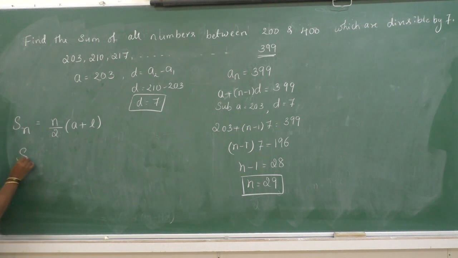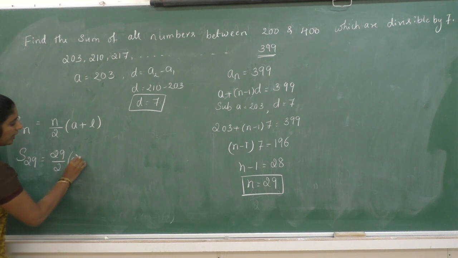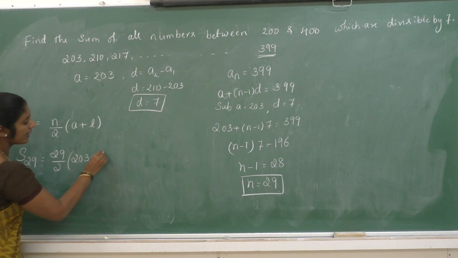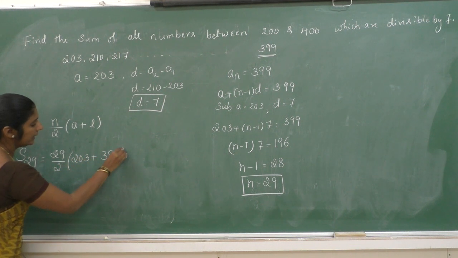So here the sum of n terms, 29 terms, is nothing but 29 divided by 2 into A. First term is 203 plus last term is 399.